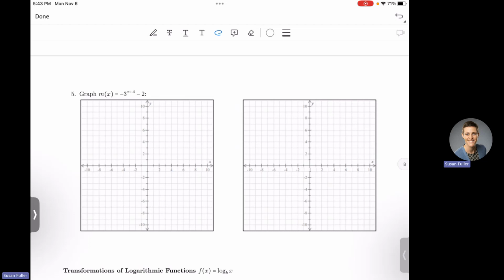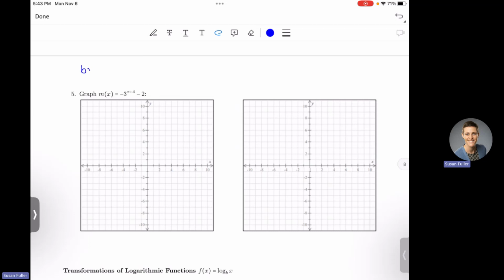To figure out what our base function would be, we are going to cover up all of the things that would cause transformations. So I'm going to get rid of everything here that would cause a transformation. And what I'm left with is 3 to the x. So my base function is y equals 3 to the x.